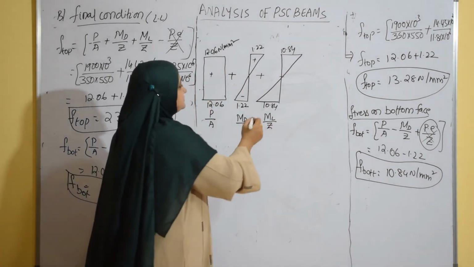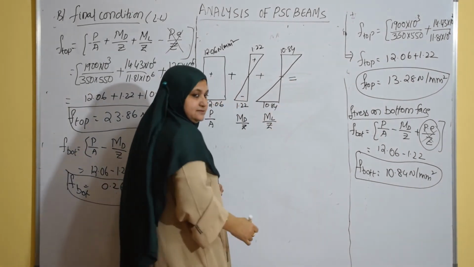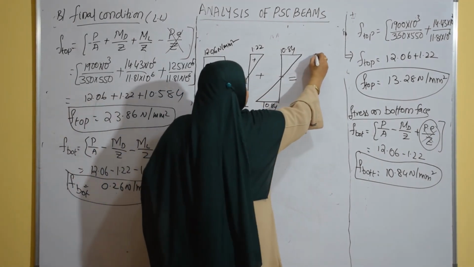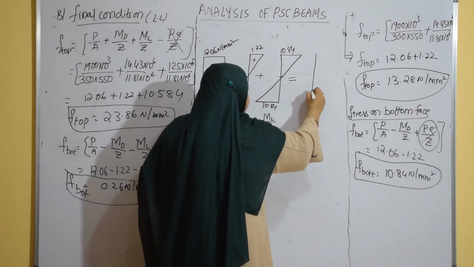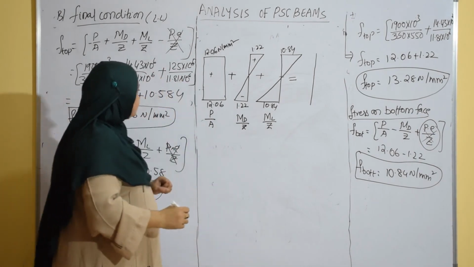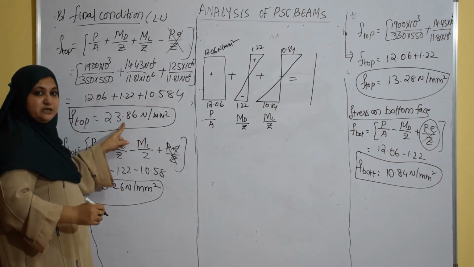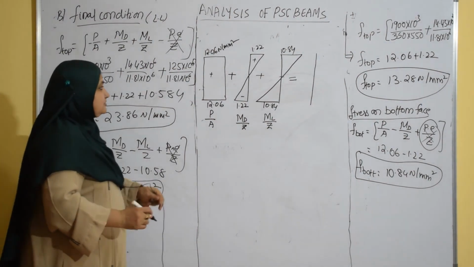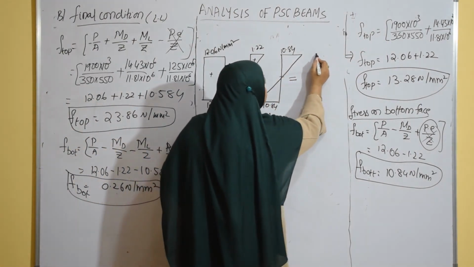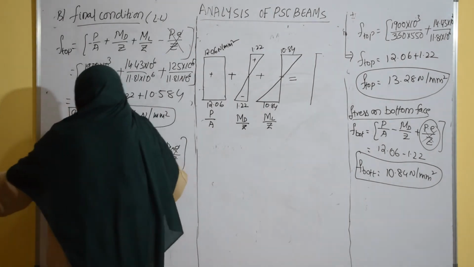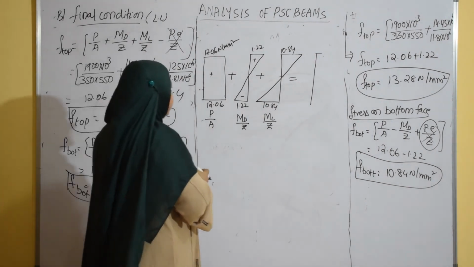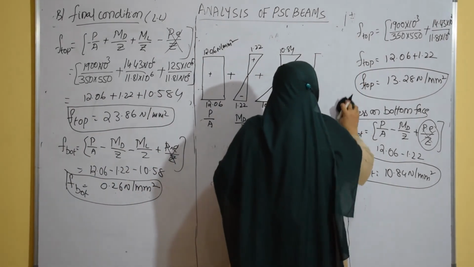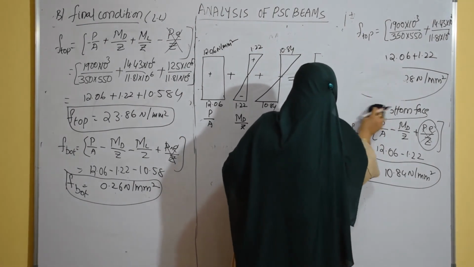Now comes the resultant stress. Okay? So you can just draw first one vertical line to show the resultant stress. Resultant stress at top is 23.86 and at bottom it is 0.26. So the diagram is very unsymmetric. Fine? So you have to draw 23.86 representation at top. Okay?